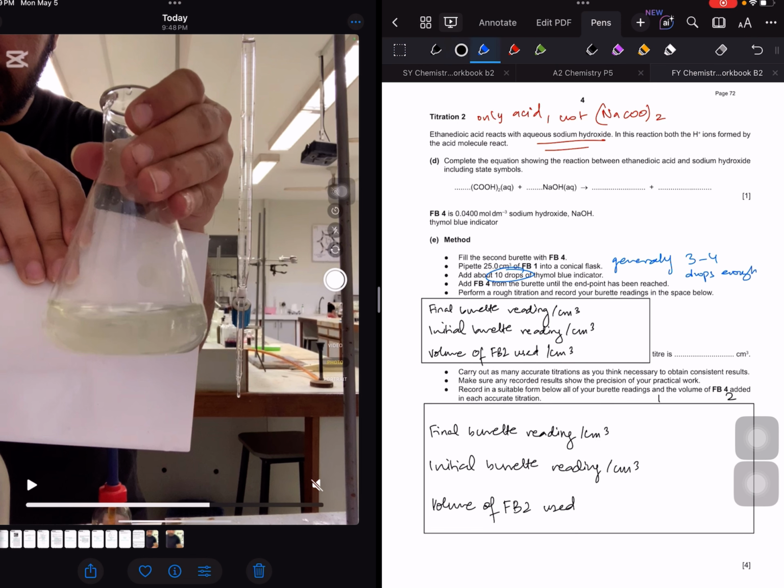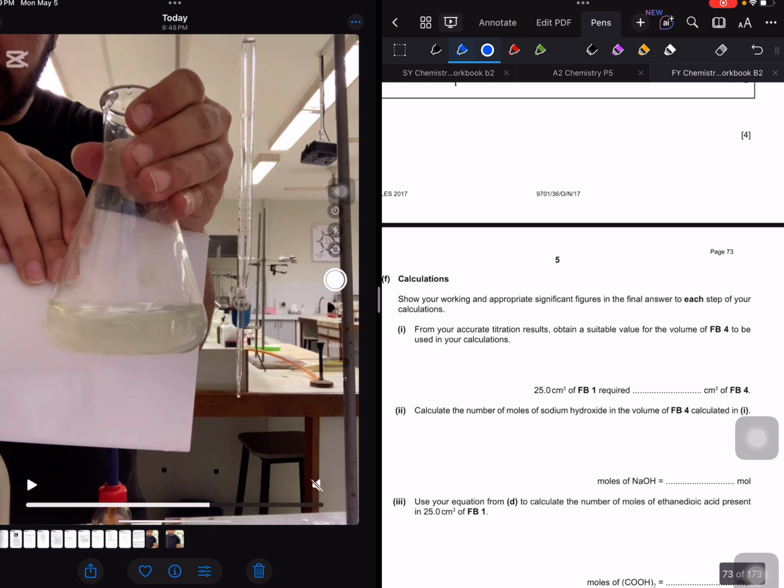Second accurate for me, the rough was 22.10, 0.00, 22.10. So I note it here. And for me, the other one 22.20, 0.00, 22.20. So 22.20, 22.30. My average volume is going to be 22.20 plus 22.30 divided by 2.